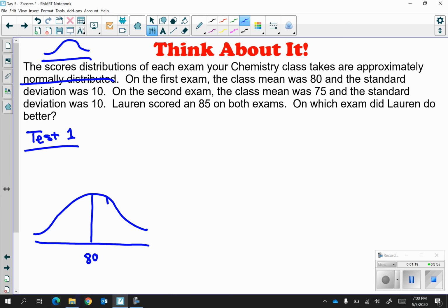So if you go one standard deviation up, that's going to bring us to 90. Another standard deviation is going to be 100, because I'm going up by 10. Same the other direction. Go down by 10, a standard deviation, and go down another standard deviation for 60. And we're going to do the same exact thing for the other test as well.